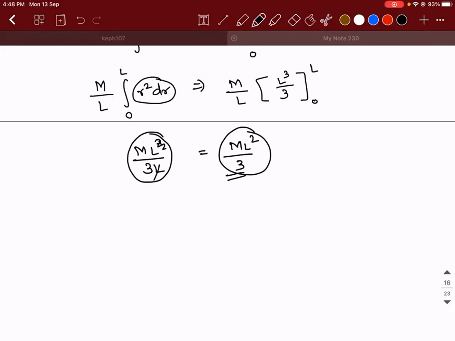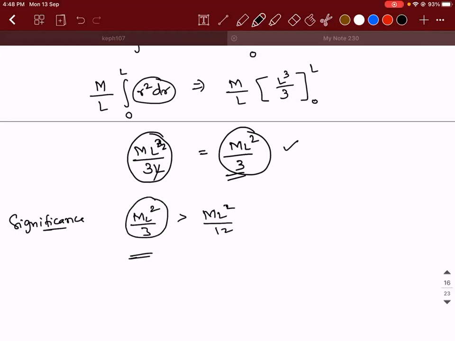Out of ML square by 3 and ML square by 12, which is more? ML square by 3 is more. Now we will understand the significance. ML square by 3 is greater than ML square by 12. Now listen to this carefully, guys.